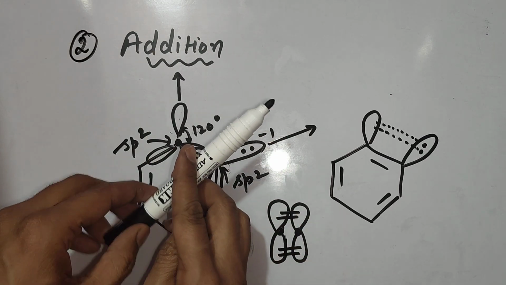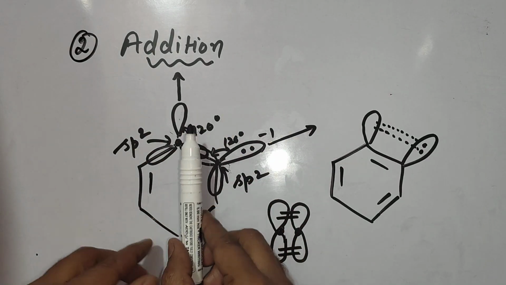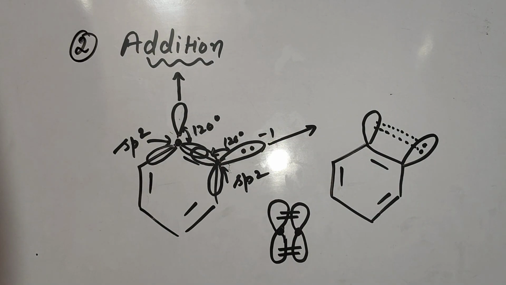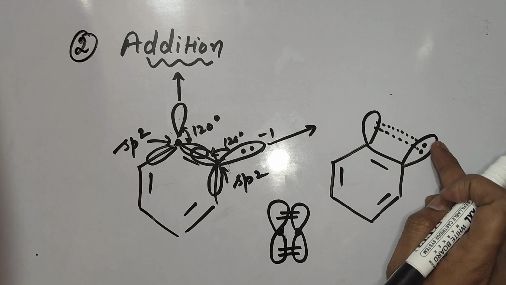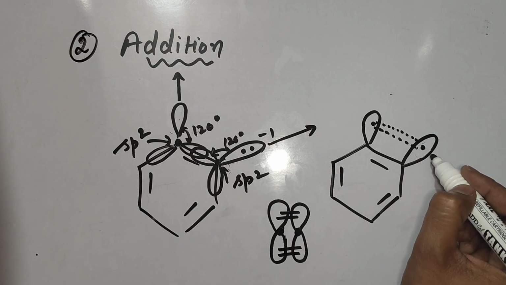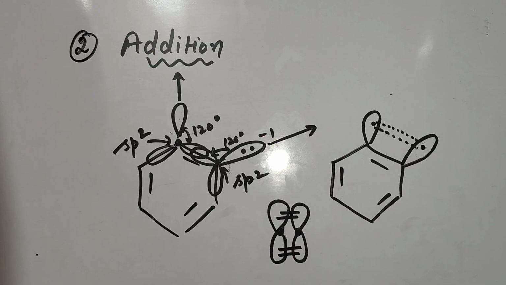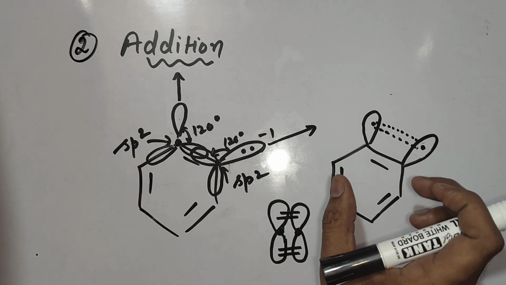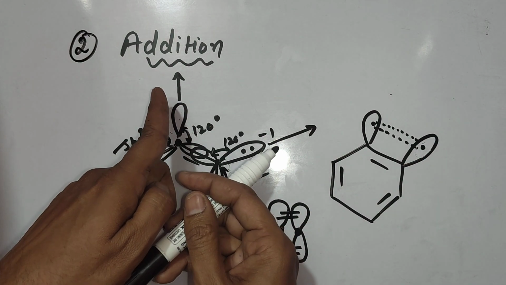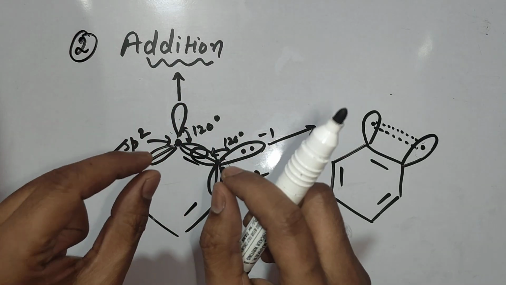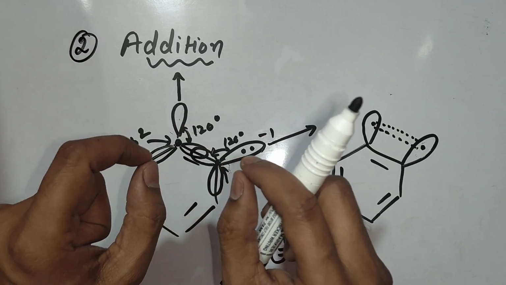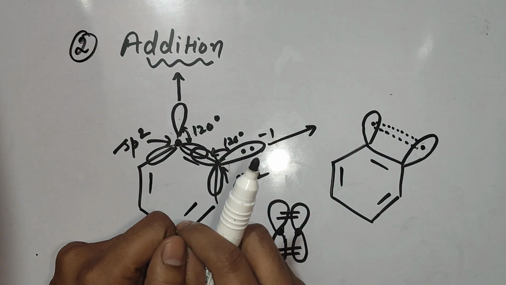But here you can watch, this orbital is going in that direction, this orbital is going in that direction. So proper overlapping will not be there. Means they will share electron, but that sharing will not be perfect. The molecule will be highly strained because forcefully they are overlapping with each other. So obviously this forceful overlapping will make strain in a ring, will make this ring highly unstable.